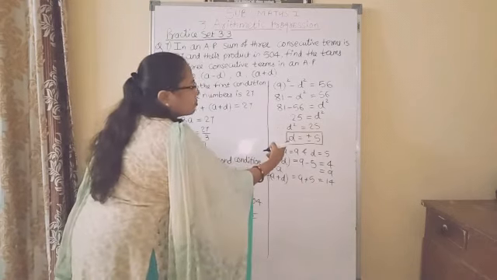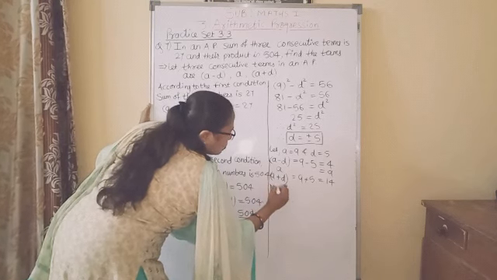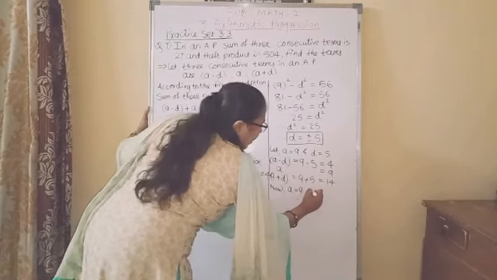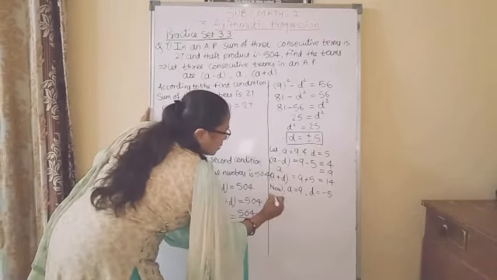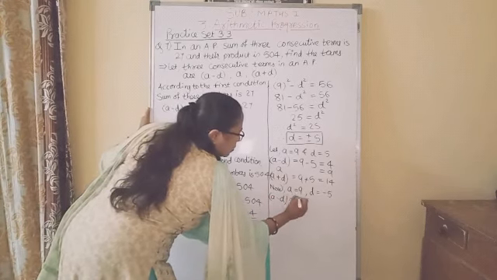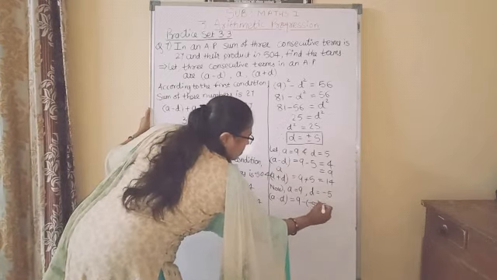Now we will assume D is equal to minus 5. Now A is equal to 9 and D is equal to minus 5. So the first term is A minus D, equal to 9 minus minus 5.